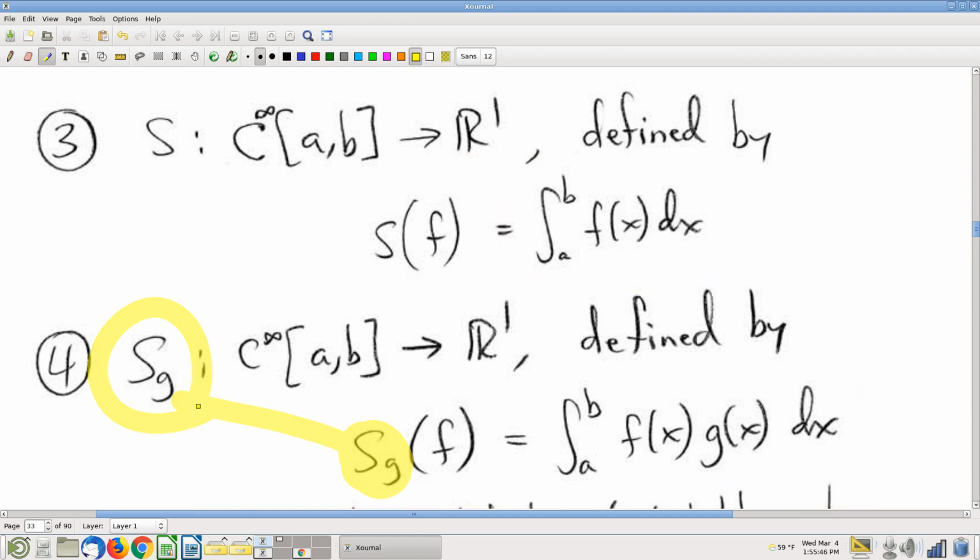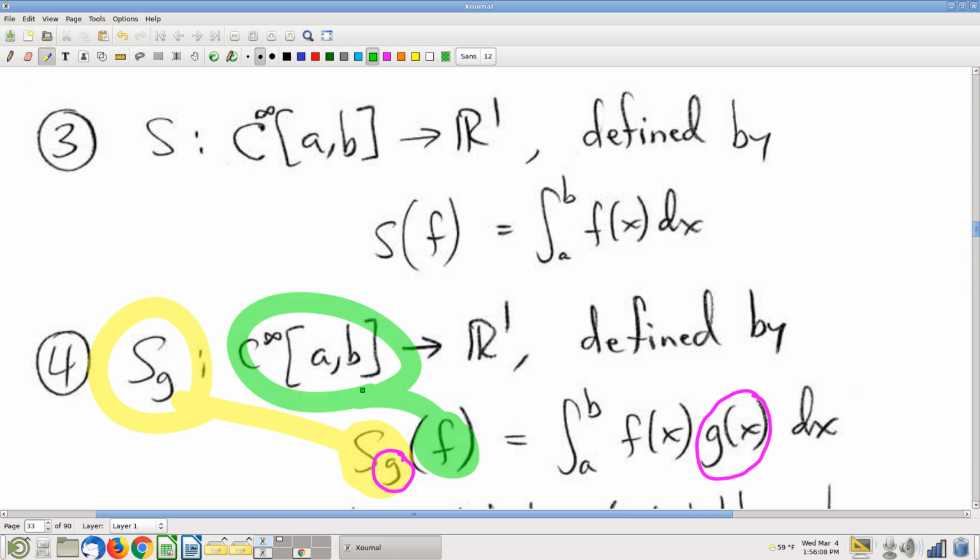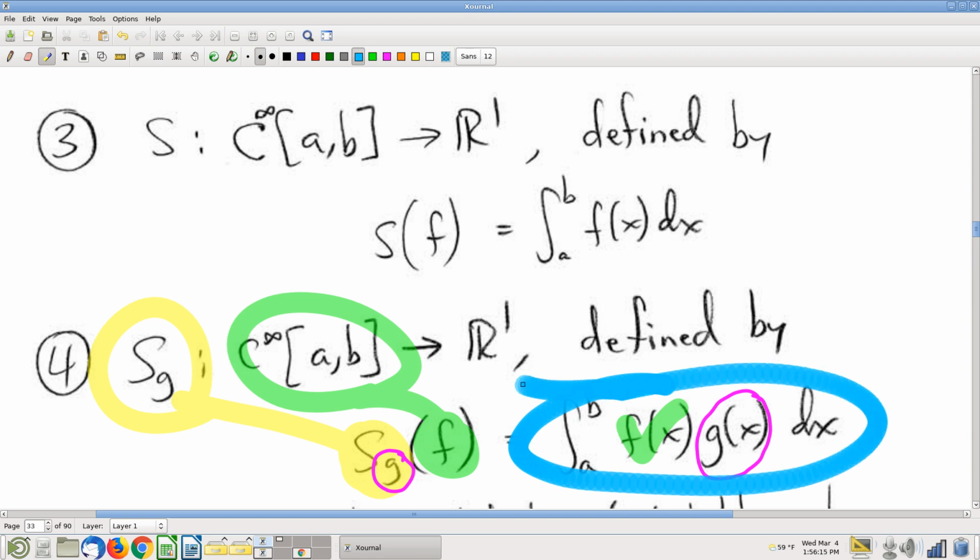So let's talk about this down here. This function called SG. Notice the G. G is a function that needs to be given, some continuous function. Notice that it's going to play a role in how SG is computed. So what this SG function does is if you give me a C infinity function f, put that right there, and then this is a formula for how to compute this output value in R1.